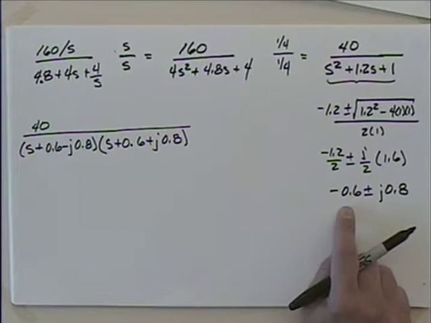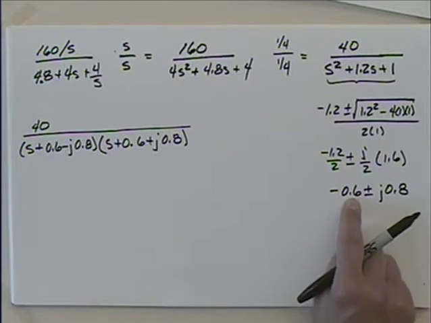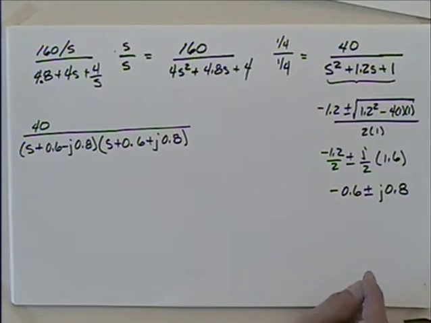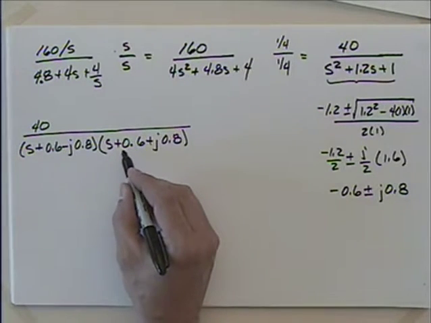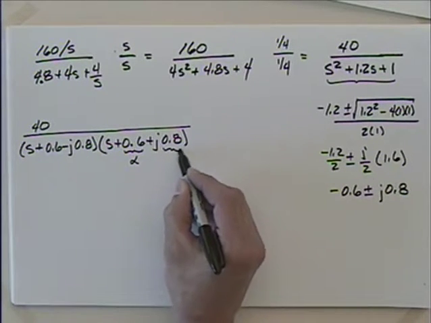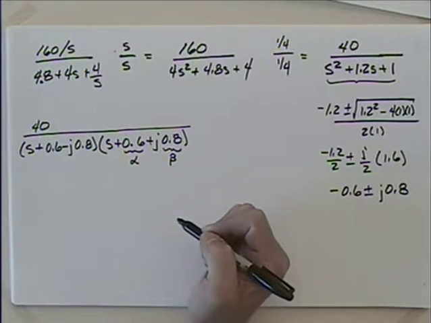Now these are the roots, right? Because I have to put this in s to get that to go to 0. Yeah. Okay. So a little bit of accounting here. That's our alpha. There's our beta. Okay.